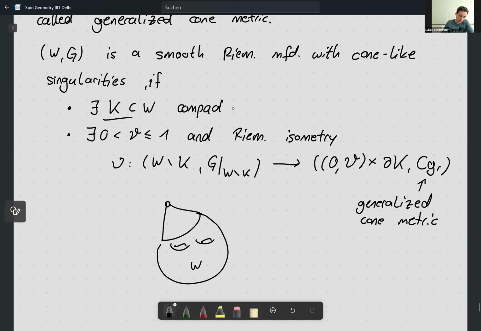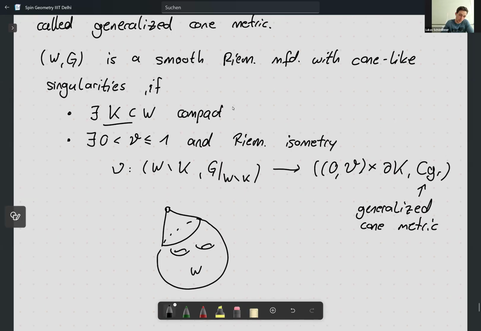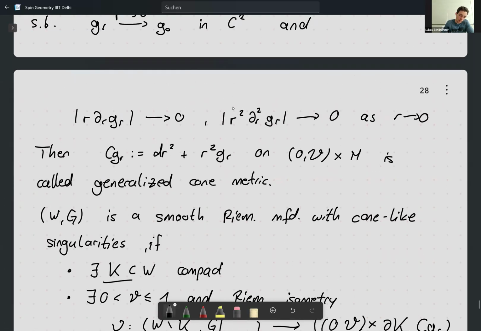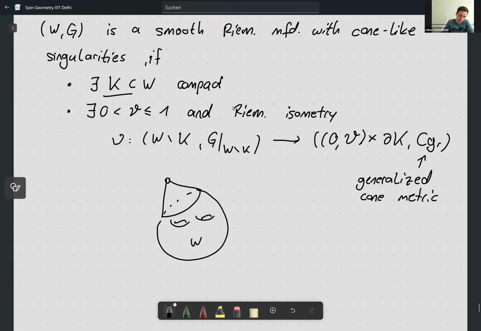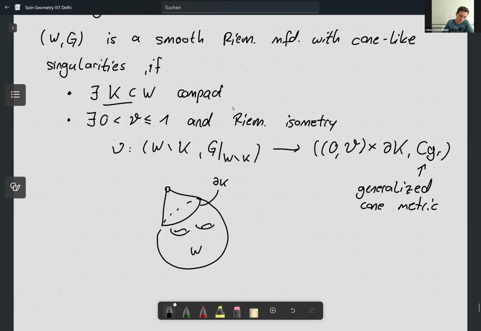This would be a straight cone, I should say, so a straight cone would be something where this G_r here is constant. And okay, so this would be del K.